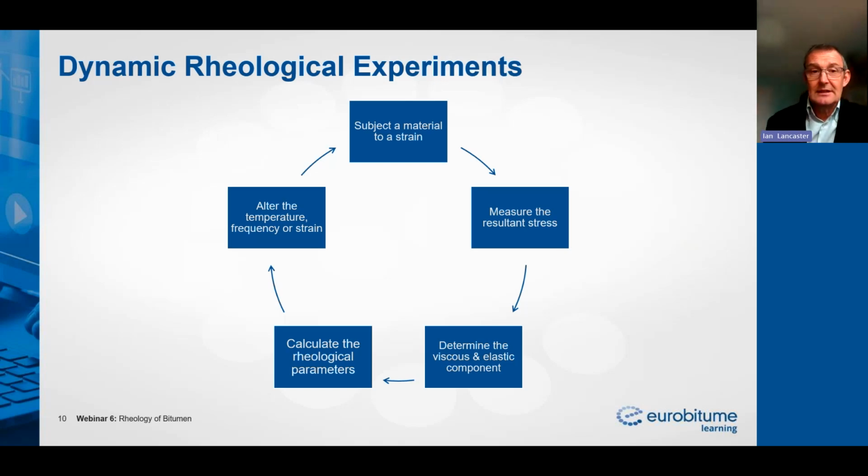So we subject the material to a strain. We then measure the stress, and then from that we measure our different viscous and elastic parameters. Remember that. So we're looking at how elastic the material is compared to how viscous it is under those conditions. Then we can calculate our rheological parameters, our individual properties from that.